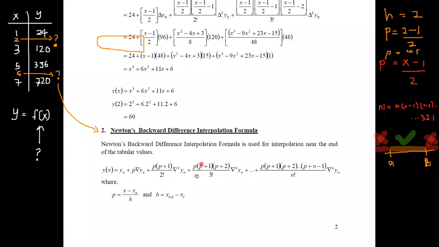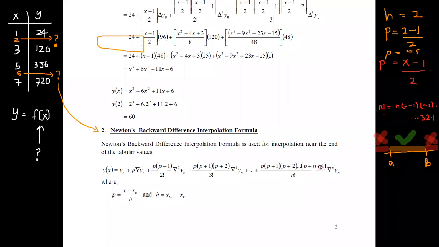Likewise, the third term is p times p plus 1 times p plus 2 divided by 3 factorial into nabla 3 yn. The nabla 3 yn is the third difference for the last value of this data set. Likewise, if you have n number of values, we can go for the term p into p plus 1 into p plus 2 up to p plus n minus 1.